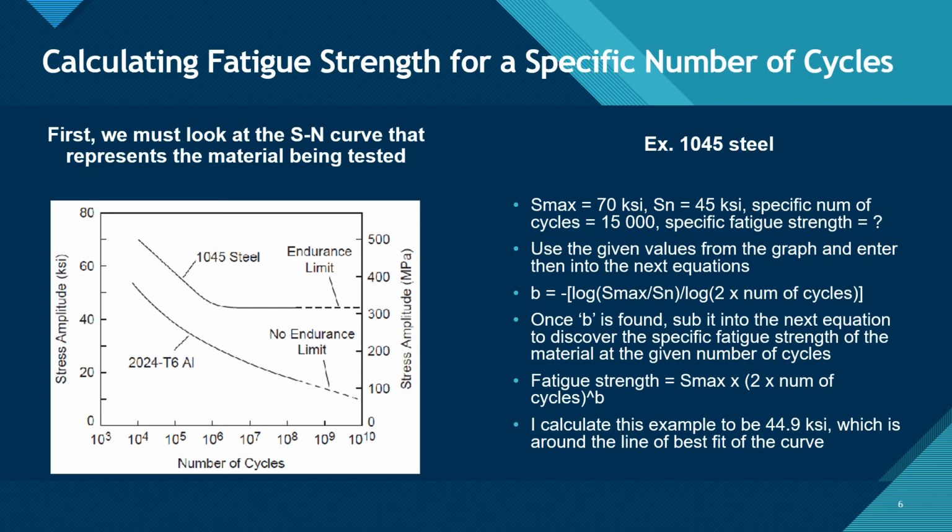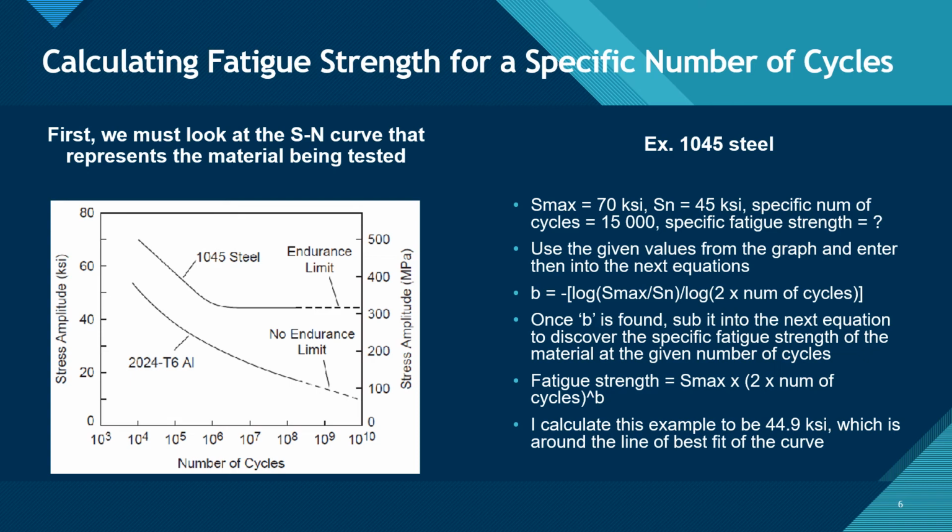Once you have found b, you then sub it into the next equation to discover the specific fatigue strength of the material at the given number of cycles, which is fatigue strength equals S max times (2 times the number of cycles) to the power of b, which is found above. I did this example and calculated it to be 44.9 KSI, which is around the line of best fit because it is a best fit curve and not a specific number for each amount of cycles.